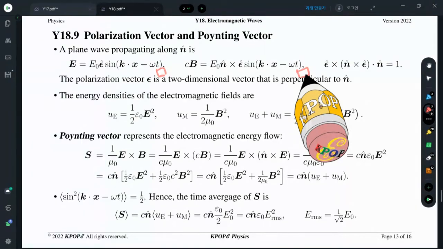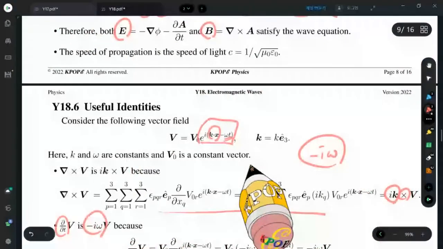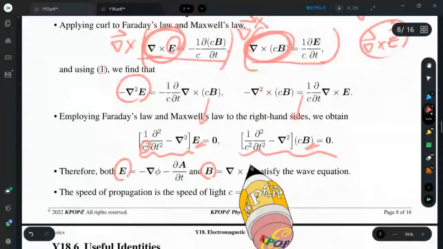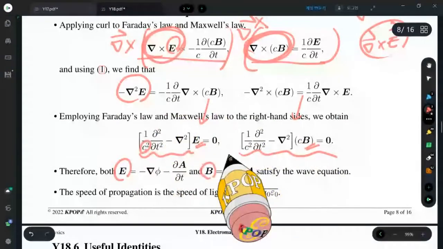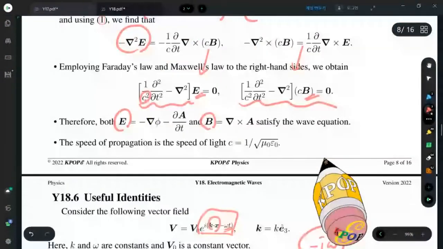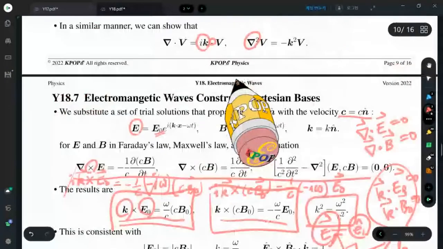However, Maxwell's equation, even though it indeed has a single derivative with respect to space and time, we finally found that they satisfy the wave equation that is second order only. This wave equation does not have any single time derivative or single spatial derivative. Therefore, there is no damping at all.